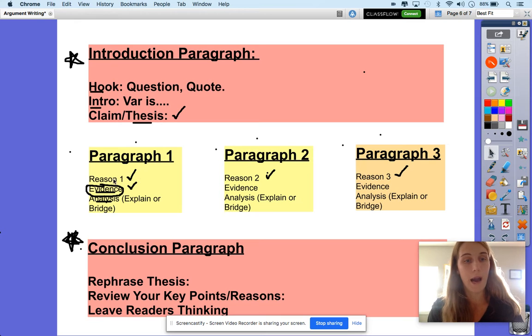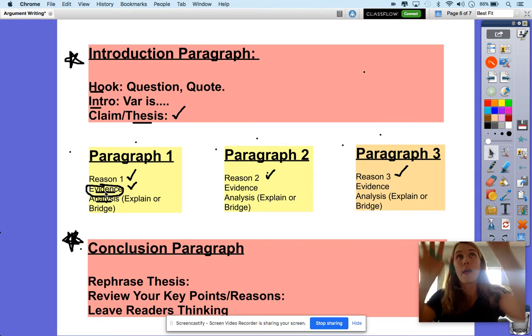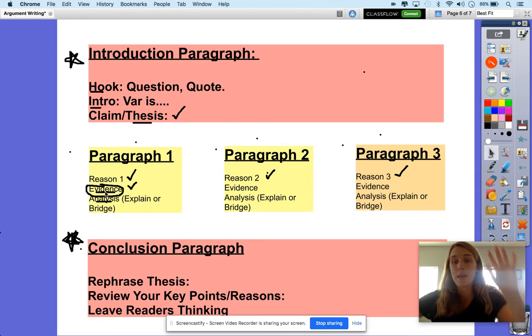Once you have the why, your reason, you'll need to find some evidence. So you may say that VAR makes soccer more fun. Evidence: according to this article, fans get really excited and get a buzz when the game stops and we watch the play happen in slow motion.